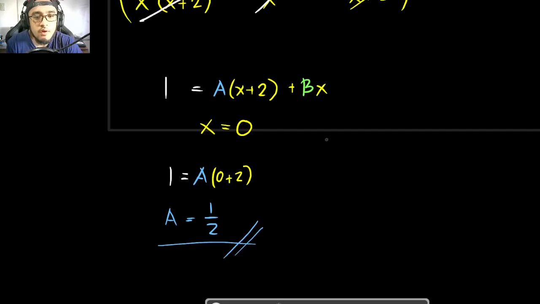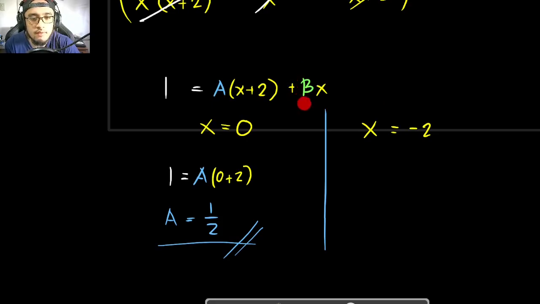And how about for our coefficient b? This time, let us substitute x equal to -2. Once again, why am I doing this? I am doing this to get rid of our coefficient a, to solve for b.